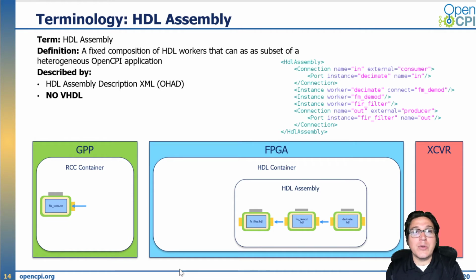The whole point of having this HDL assembly description XML is so that application developers don't have to worry about the nuts and bolts of the rest of the container and making the FPGA work. They just focus on the application. So the assembly houses all those workers and how those workers are connected.